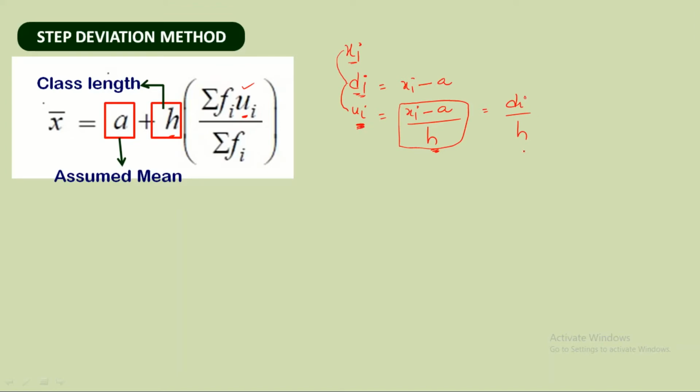That is the only difference. And the denominator is, as usual, the summation of all fi's, and one more extra letter here is h, multiplied. All these two methods are simplified forms of the direct method, and no doubt all three methods give the same answer.